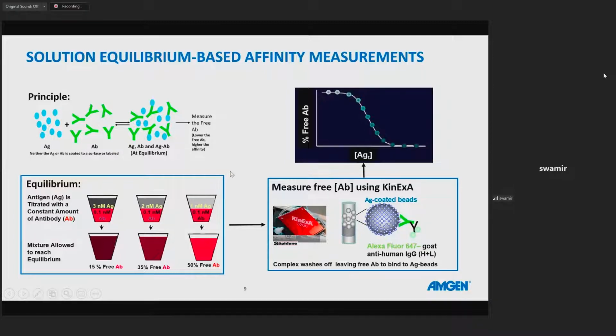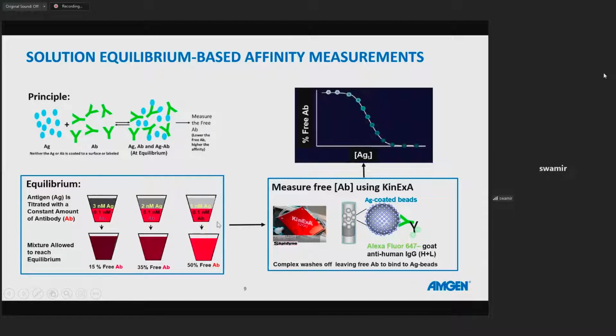We use KinExA for that, in which both antigen and antibody are taken in solution, and when the complex is formed and equilibrium is reached, the free concentration of antigen, antibody or the product is in equilibrium, so that concentration will not change. So what we do is we titrate a constant amount of antibody with antigen and leave it to equilibrate.